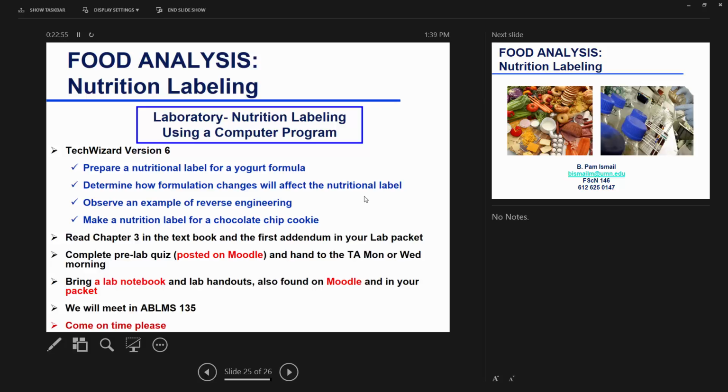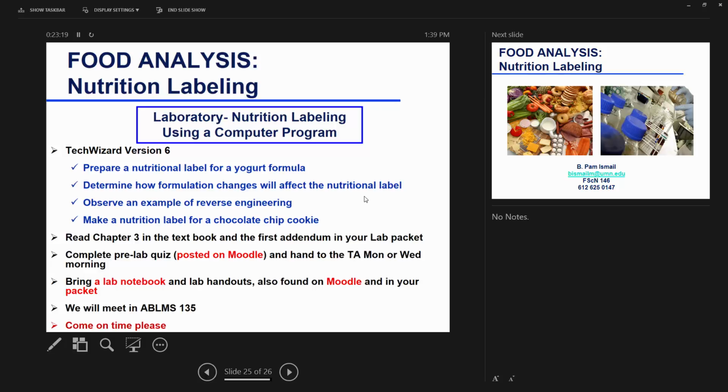The quiz is already uploaded on Moodle under the lab folder. You download that and do it over the weekend. It's really very short, it might not take you more than 10 minutes, but this will at least get you familiarized with what you're going to do. And you turn it in to your TA, either Monday or Wednesday.